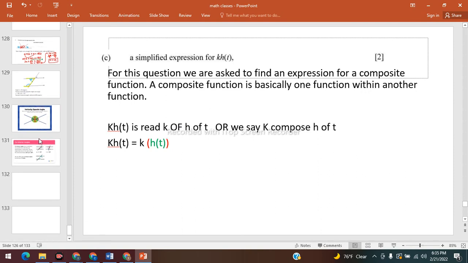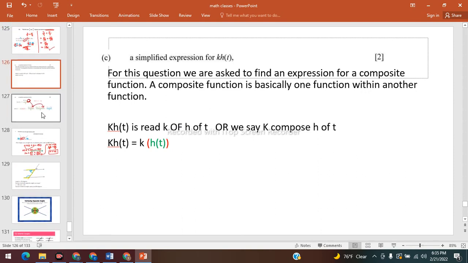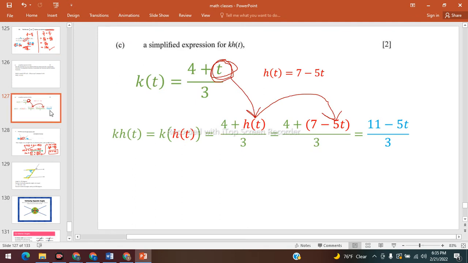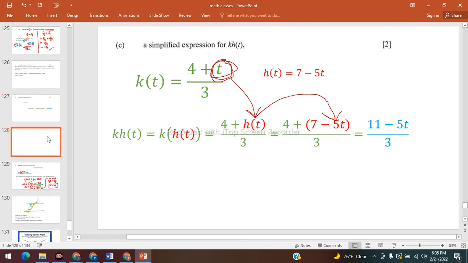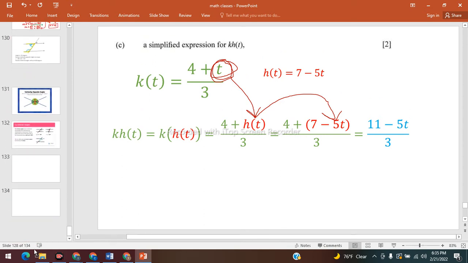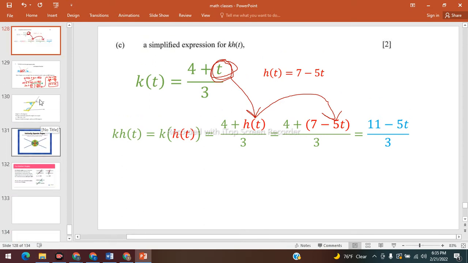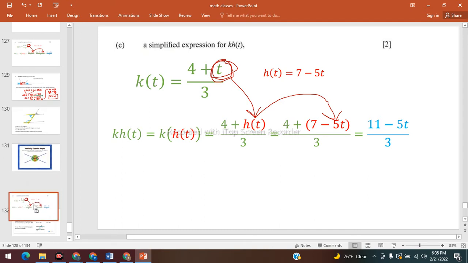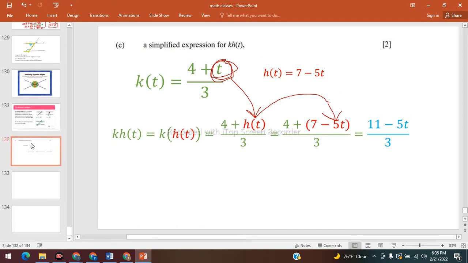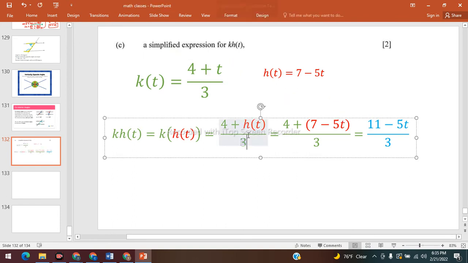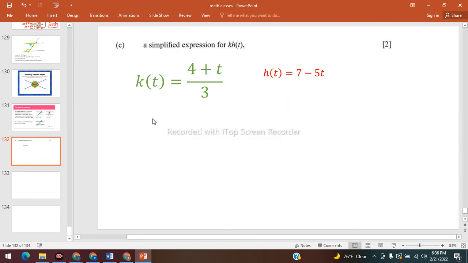So let's return back to our function. Let me erase some of these things that are already here so that we can maneuver properly. So here we have the function K of T, and they want us to find the inverse.